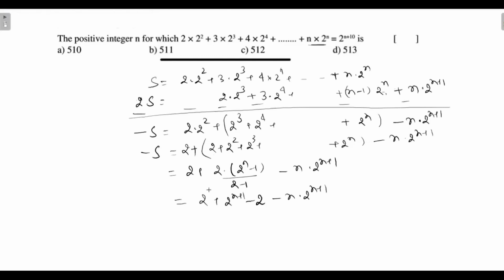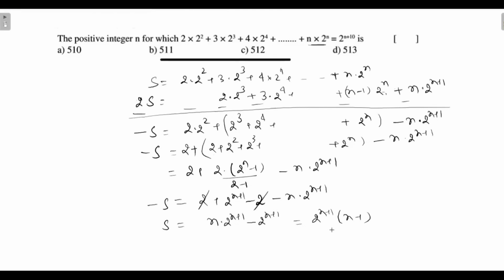Now the 2 gets cancelled out, and this is still minus s. So my s is actually n into 2 to the power n plus 1 minus 2 to the power n plus 1, or I can write it as 2 to the power n plus 1 into n minus 1. This is what it is.